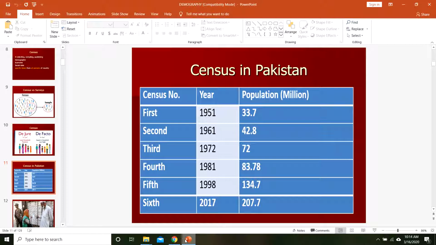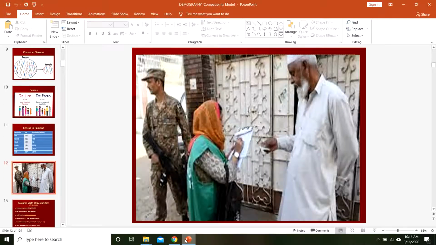According to that census, in 2017, the population of Pakistan is 207 million. As I have already mentioned, the de jure type of census was opted by the government of Pakistan. School teachers were hired and trained, and they visited different households to collect the total number of members who are part of that household, under the de jure system.